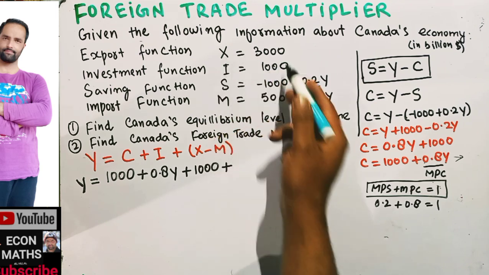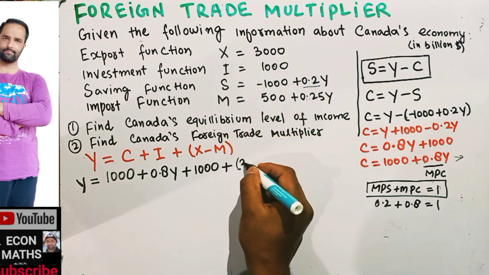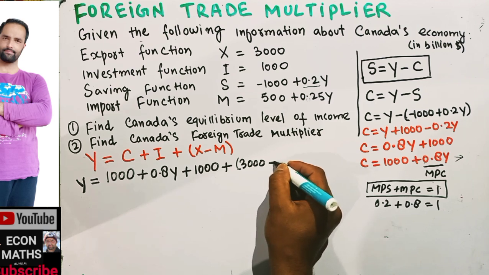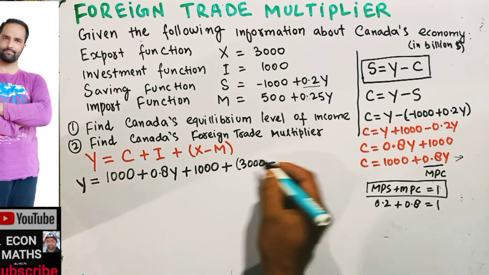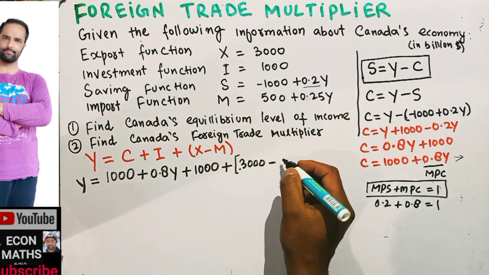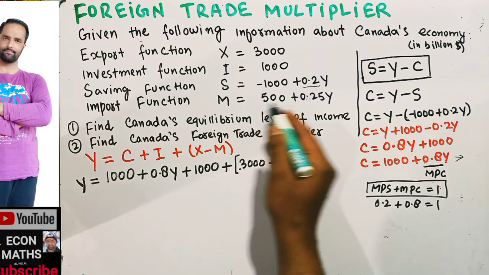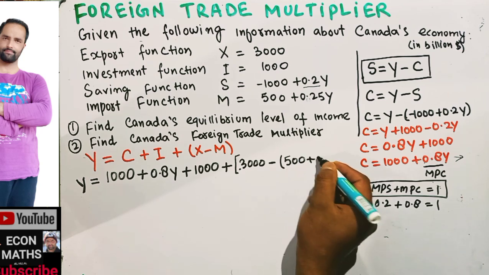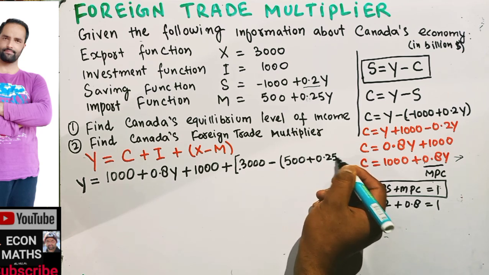What are our exports? That is 3000. Let me write it here, 3000 minus imports. Imports, let me draw a long bracket here, so we have the import function, 500 plus 0.25y.